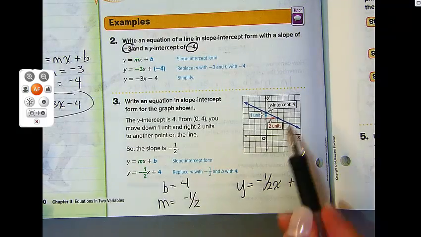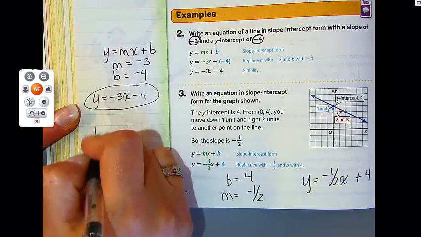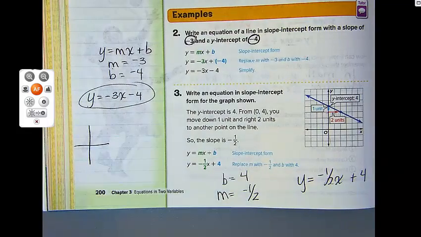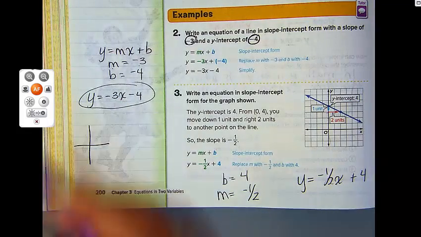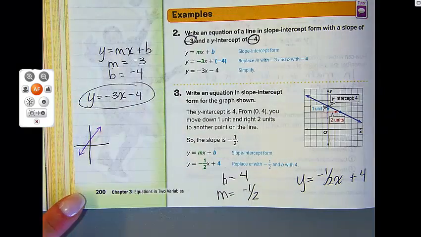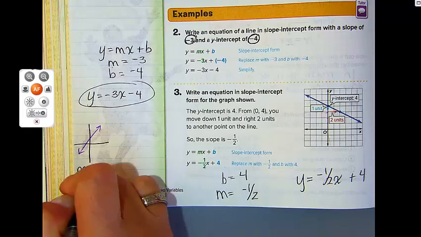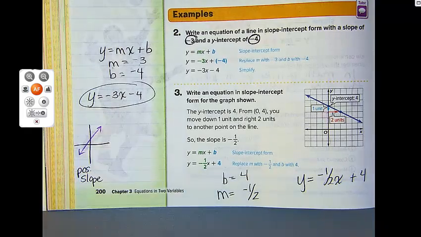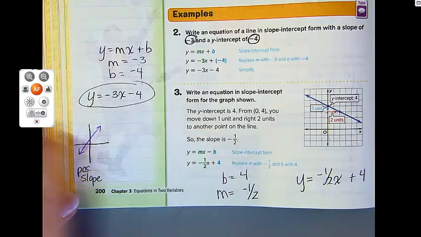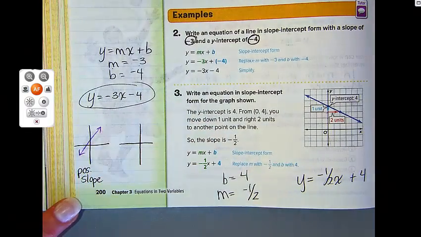Now I want to talk about this just a minute, because we haven't really talked about slope. If your line looks like this, that's a positive slope. If your line looks like this one, think of it going uphill.